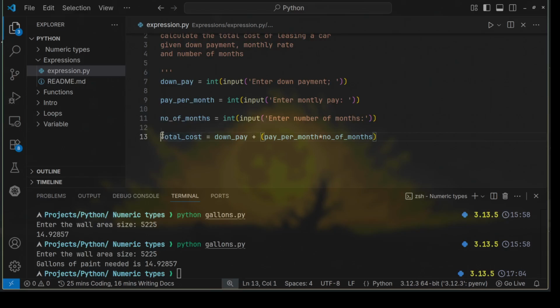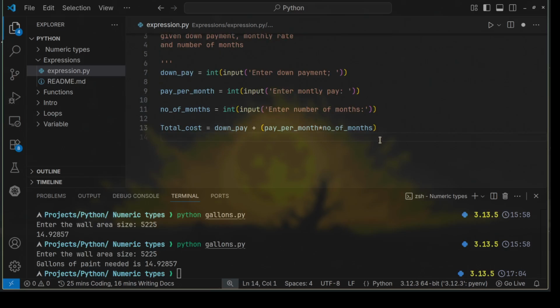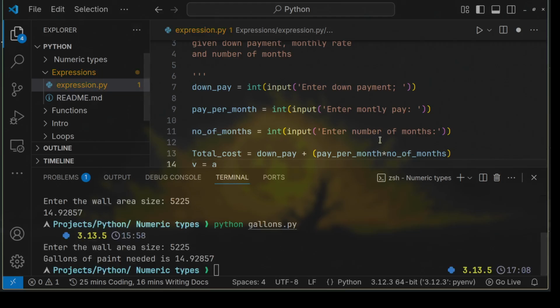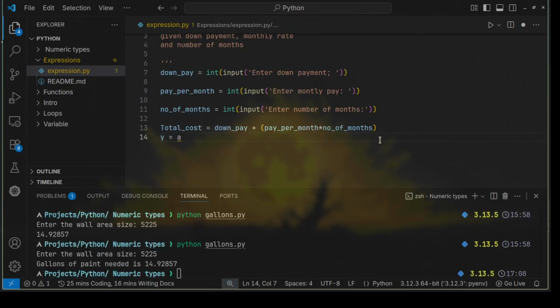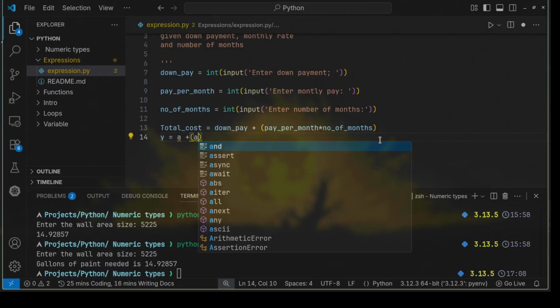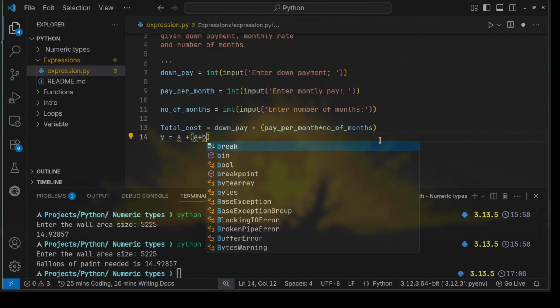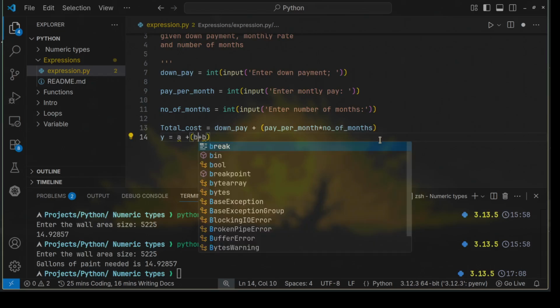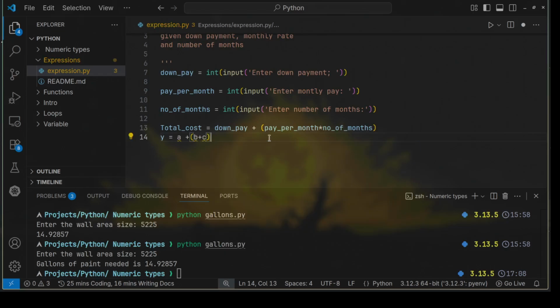Now let's go through this equation. It's like saying y is equal to a plus b, where a is the down payment and b is the pay per month times the number of months.